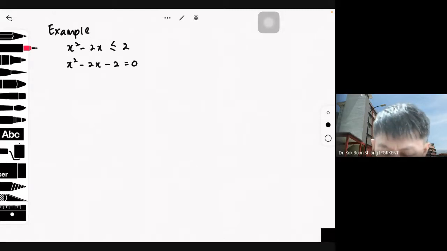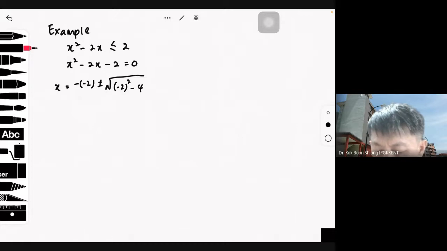x equals negative b plus or minus the square root of b squared minus 4ac, where a is 1 and c is negative 2, all over 2a.